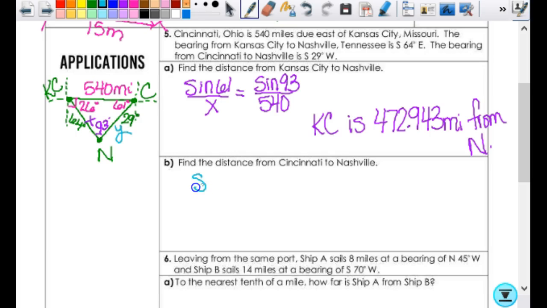So we'll do the sine of 26 over y is equal to the sine of 93 over 540. And I would say after we find this, there's really no need to store it because we're done with the question. Right?